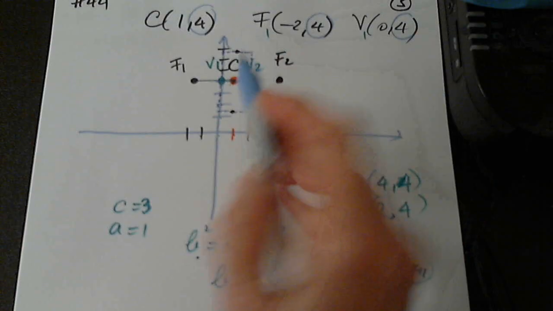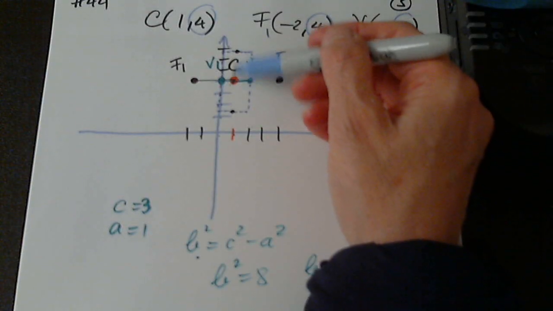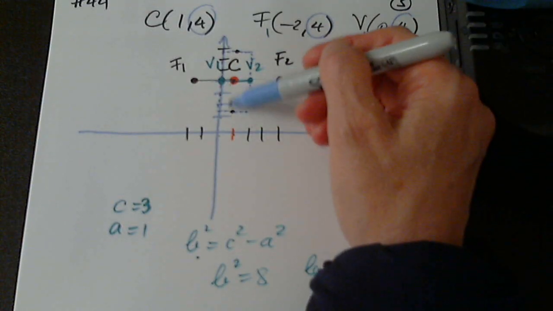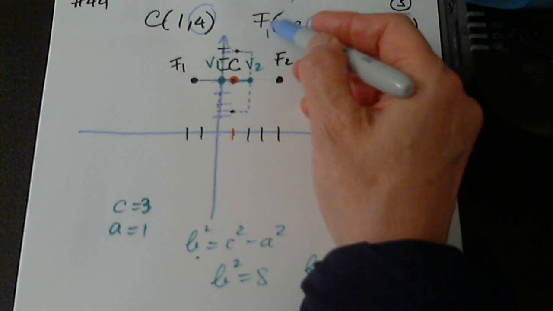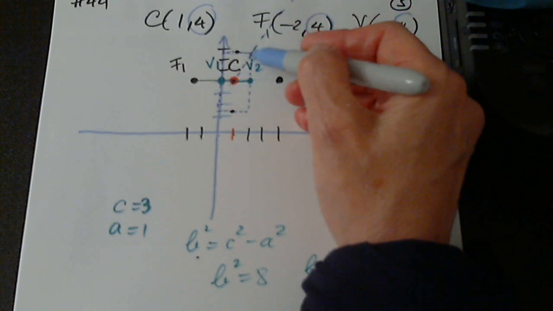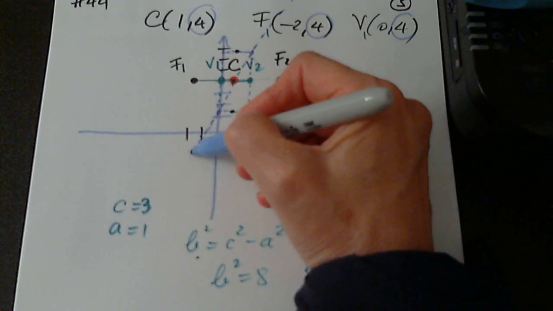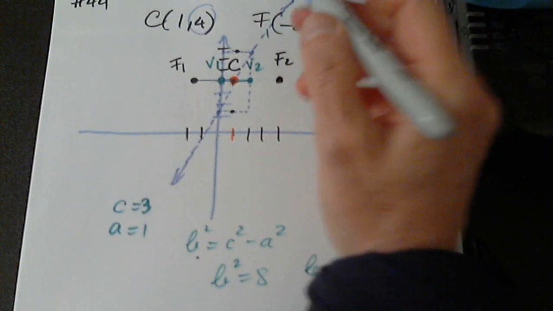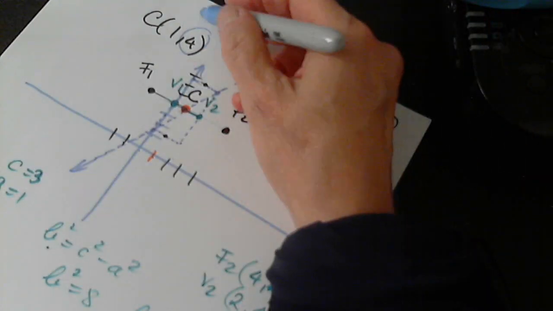It has to be between the vertices, and b is this piece and b is this piece. Now I'm ready to draw through the corner, through the center, through the corner, and continue the asymptotes.